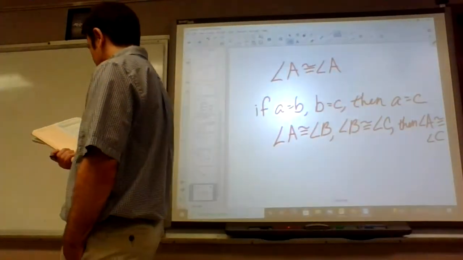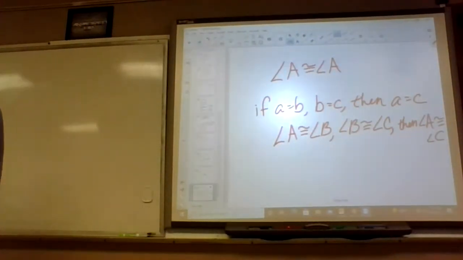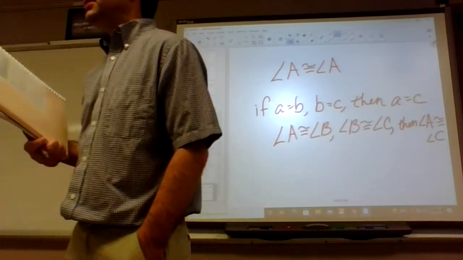Okay, on 17 it says name the definition, postulate, or theorem that justifies each statement. So how do we know what they're saying? 17 says if angle C and angle D are supplementary, then the measurement of angle C plus the measurement of angle D equals 180. Okay, how do you know that? If I tell you angle C and D are supplementary, how do you know that they add up to 180?